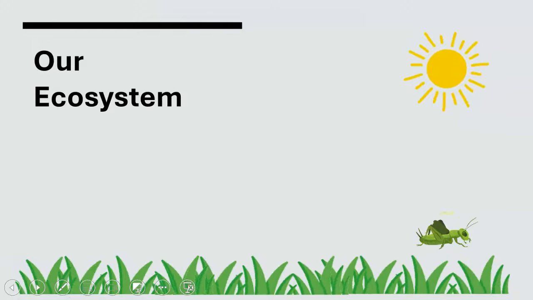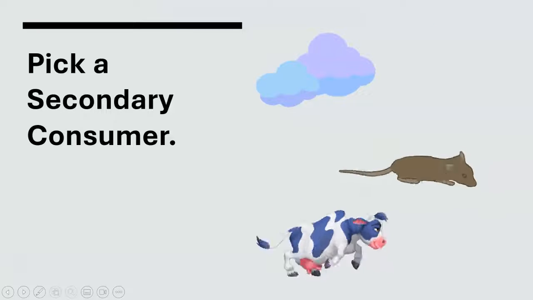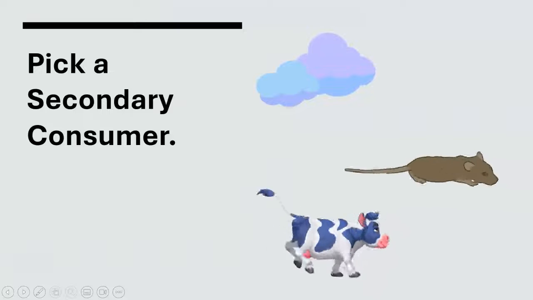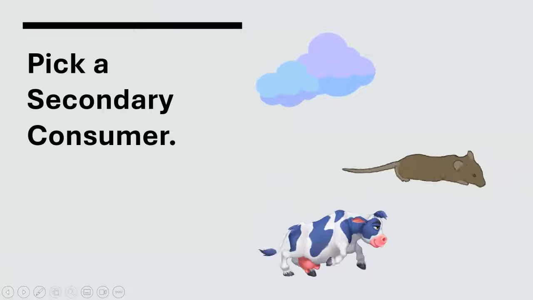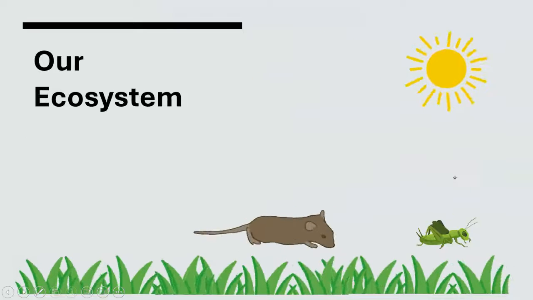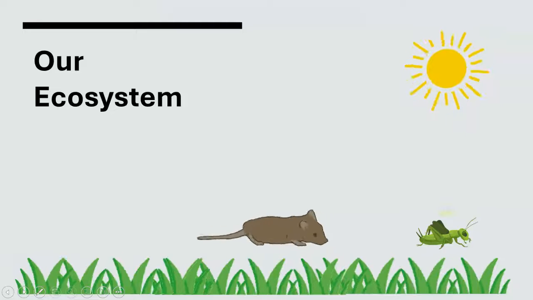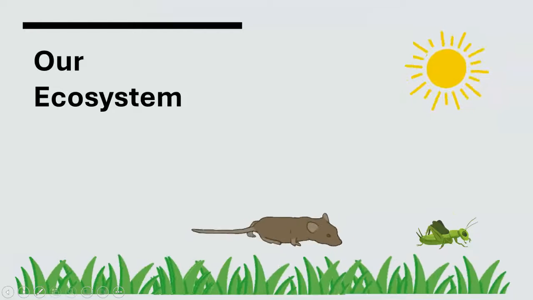So grasshoppers only eat vegetation. Our secondary consumer, someone who would consume our primary consumer. We may think it's a cow because it's quite large, but it would actually be our mouse, because our mouse would eat a grasshopper before a cow would. Cows typically only eat vegetation or hay.